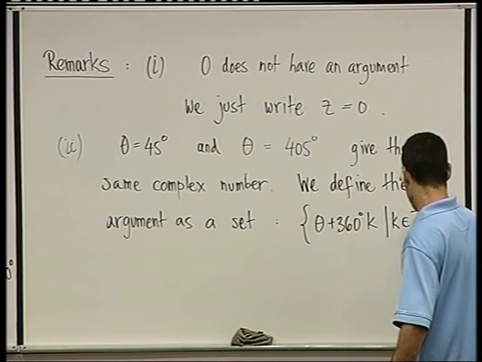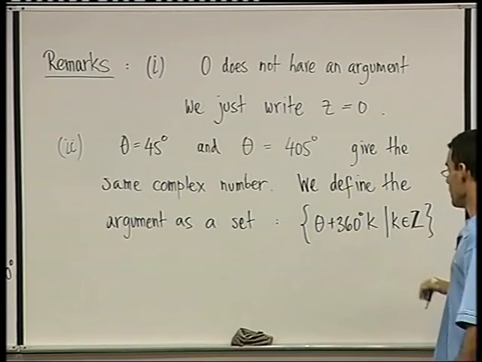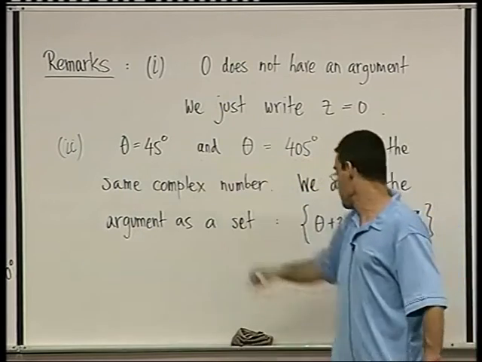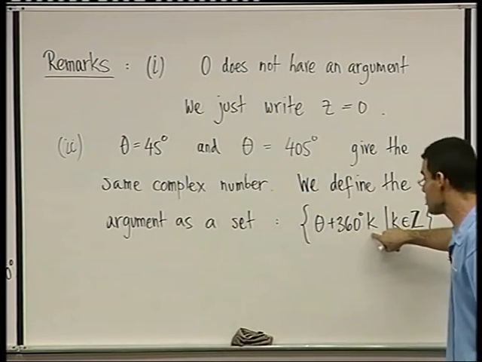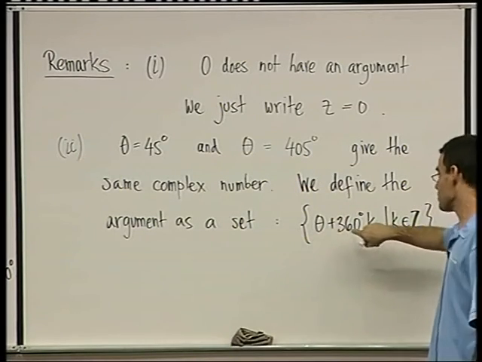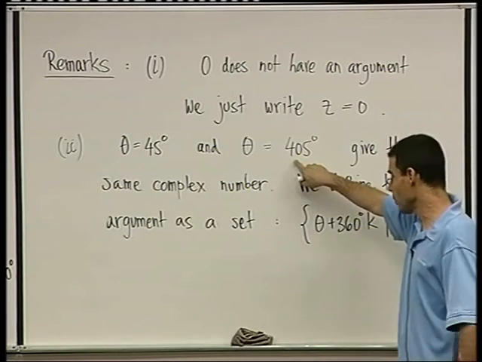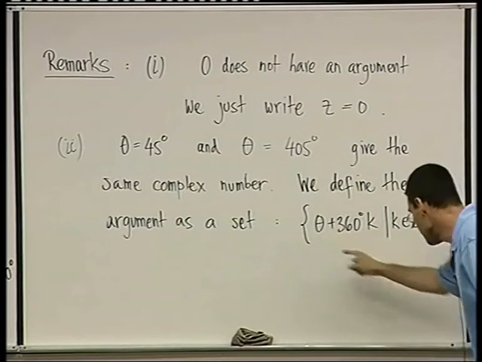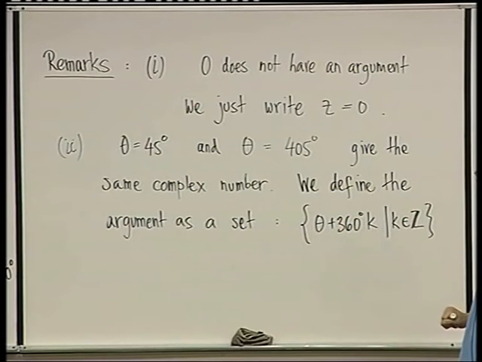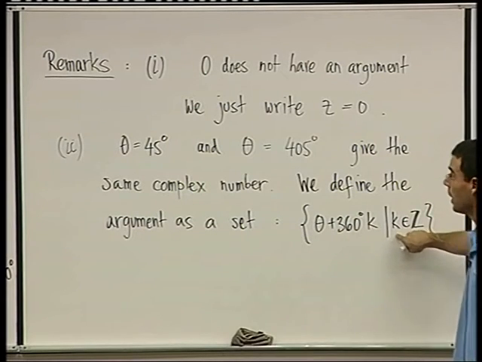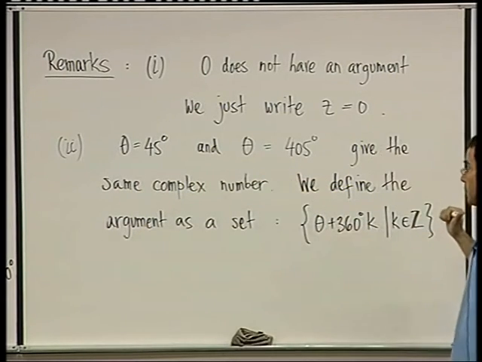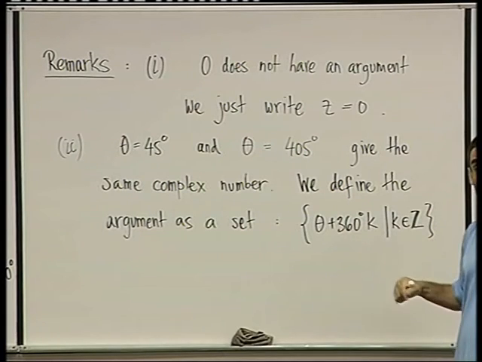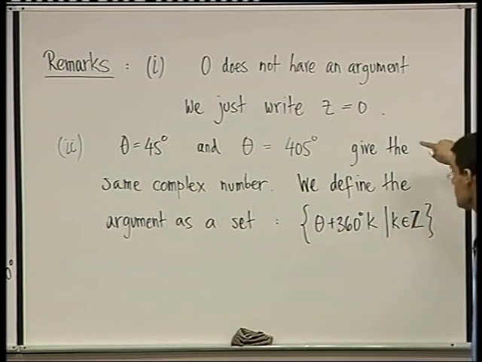K belongs to Z. So if theta, let's say, is 45 and k is 1, then theta plus 360 times 1 is 405. It belongs to the same argument, to the same set. And if k is minus 1, then theta minus 360, namely minus 315, would give you the same number.